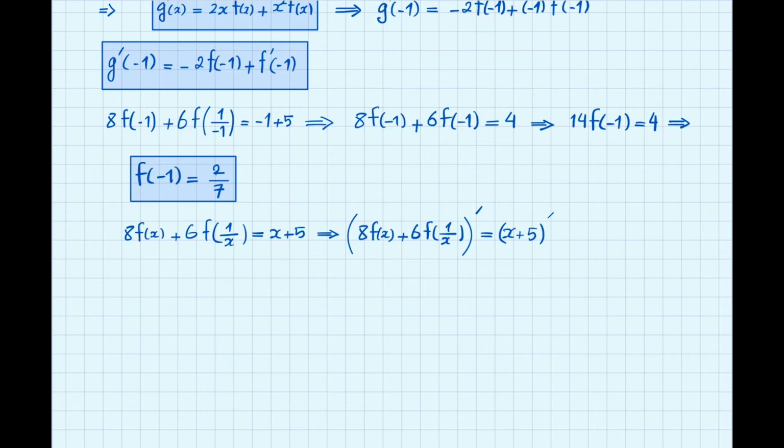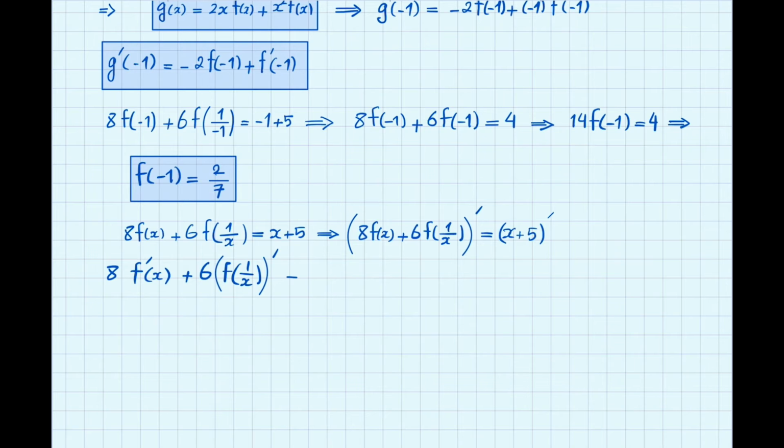So what happens, this tells you that I have 8 times the derivative of the first one, which is 8 f prime of x. The second one becomes 6, but be careful. The derivative of the second one is the whole expression's derivative.